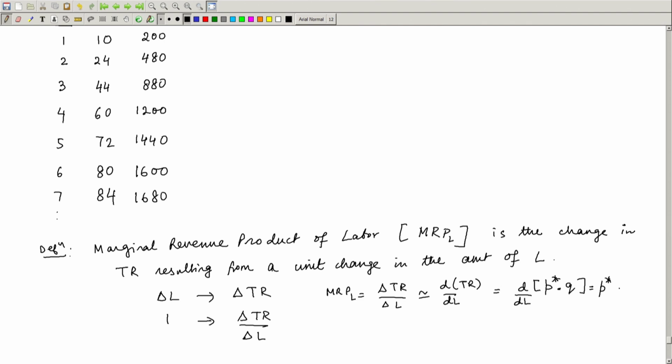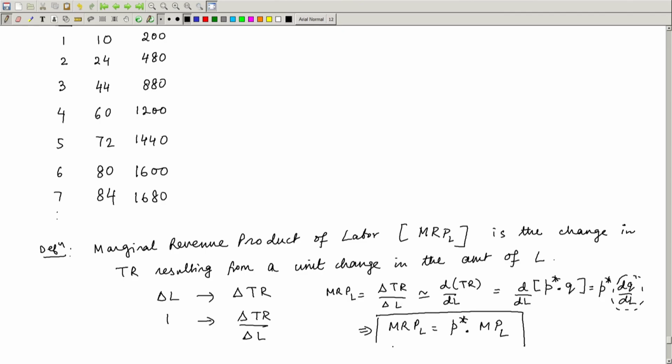So, this will come out of this derivative. The P star will come out and I will have dq/dl, which means my MRPL is d/dl of P star q. So, P star times, well, what is dq/dl? It is the change in output resulting from a change in labor input, which is nothing but my marginal product of labor.